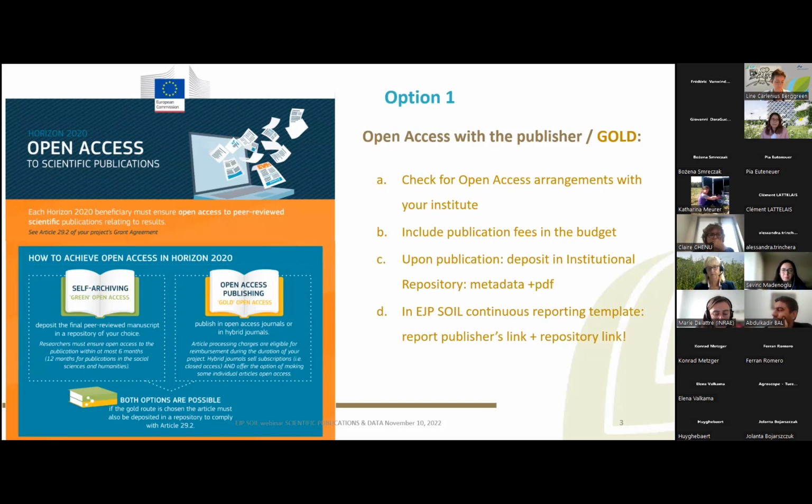Why is that needed? It's for the sustainable conservation of the article. For example, if Wiley gets bankrupt and doesn't exist anymore, then the articles cannot be found there anymore. That's why Horizon 2020 asks all the articles to be archived in a sustainable way in an eligible repository.